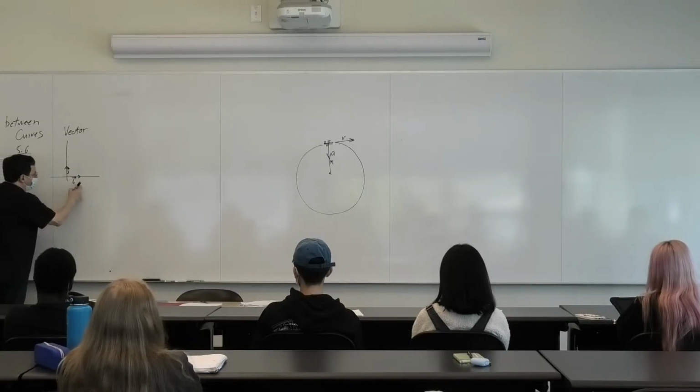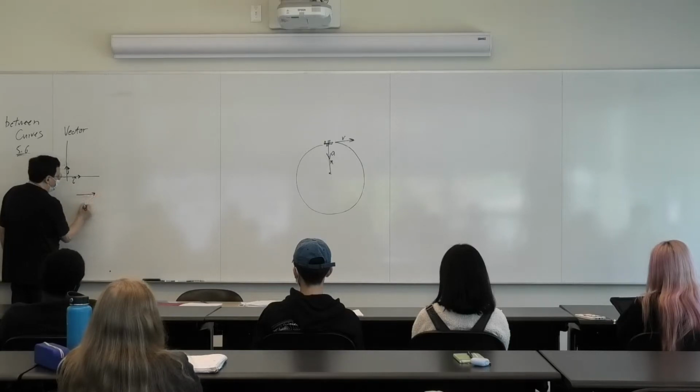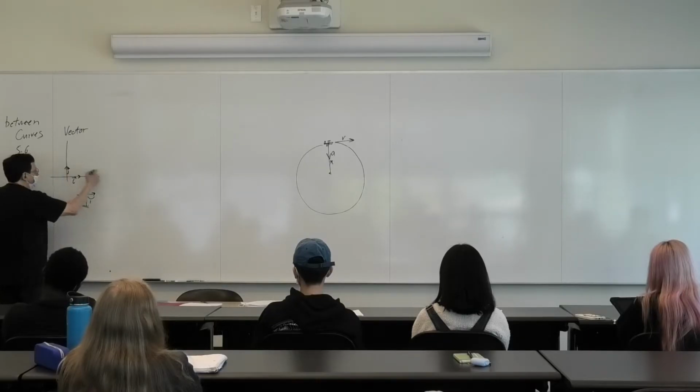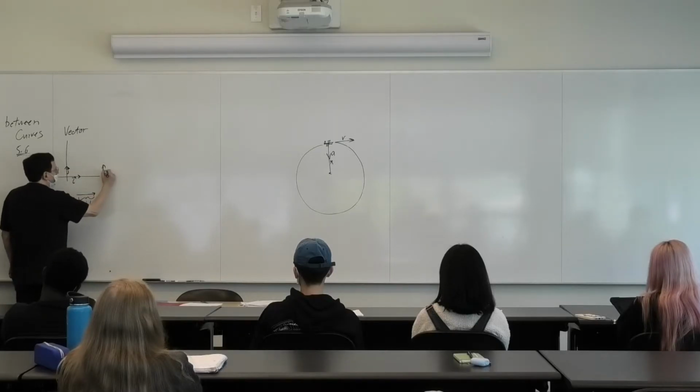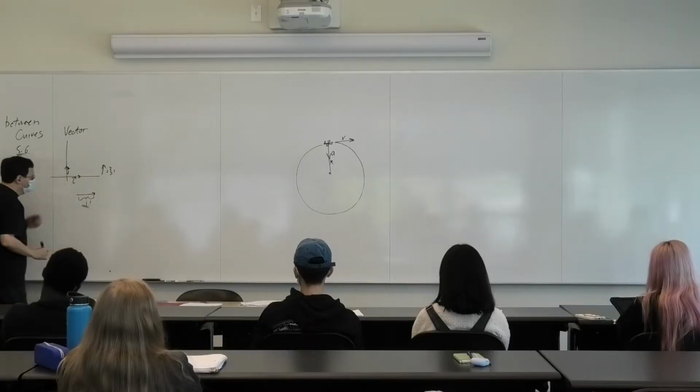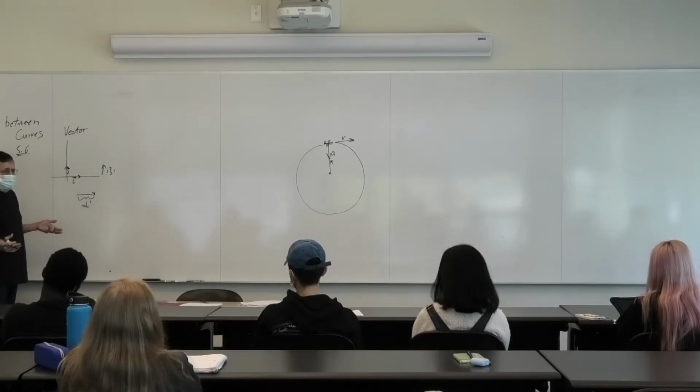And i is a vector along the x-axis of length 1. And along the y-axis, we have j, which has length 1. Then we can pretty much make up any vector we want.